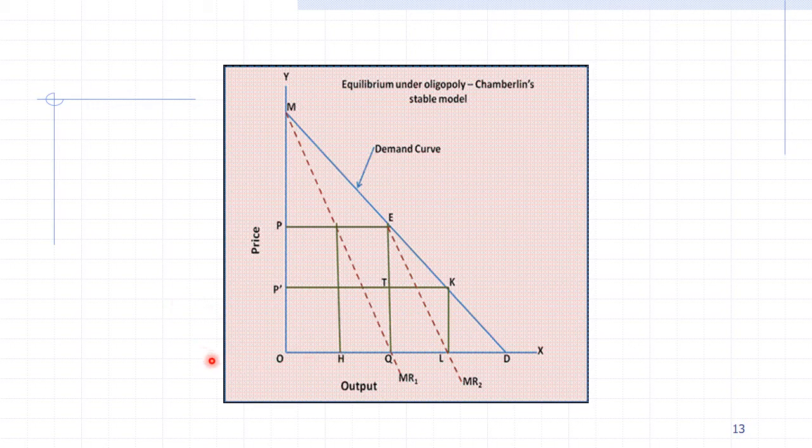If you divide this O to D area into 4 equal portions, 1/4 means QL. So 1/4 of the market demand quantity will be produced by the second oligopolist. So A assumes 3/4 of the market is available to him in order to maximize his profit.